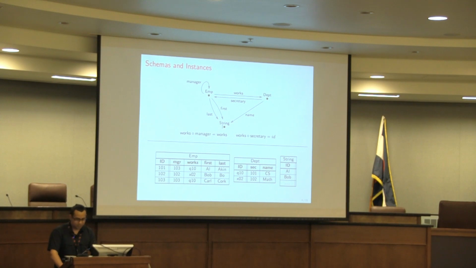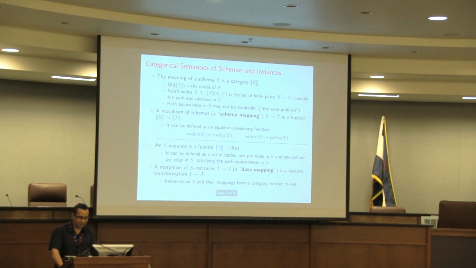Okay, then I will move on to the fun categorical shenanigans. So I just described an example of a schema and an instance, and on this slide I'm going to give a precise definition of what our schemas and instances are.